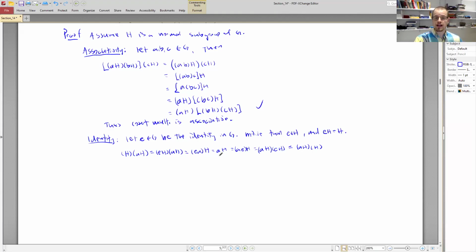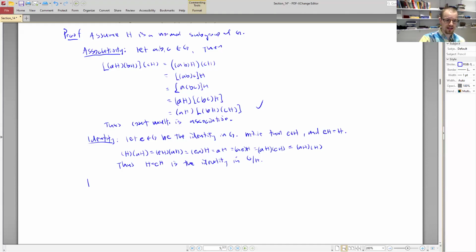Both of them are equal to AH, and that's what I wanted to show. Thus, H or EH is the identity in G mod H.